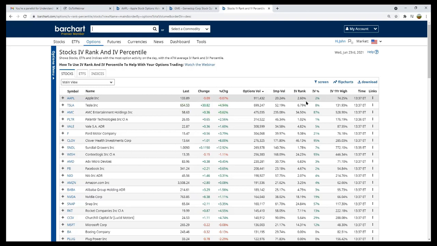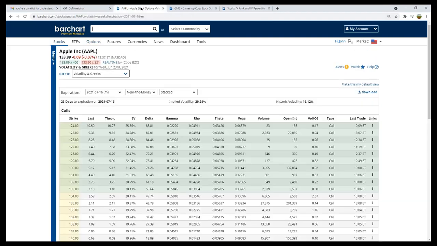In other words, very low in the range of implied volatility of Apple. So this would be a candidate for somebody looking for an option strategy where we create positive Vegas, right?